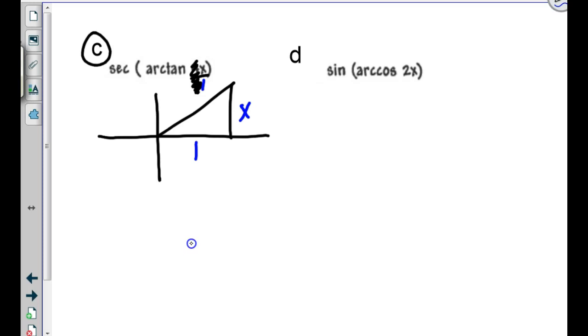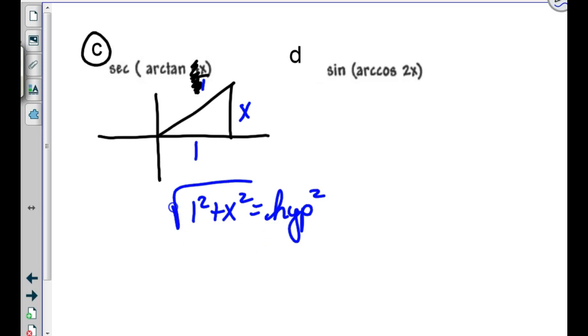Now be careful. I'm looking for the hypotenuse this time, so what do I have to do with the legs? Yes, I have to add them. I'll just write hypotenuse squared here. So then I can square root both sides. Does that simplify it all? Well, except for what 1 squared is.